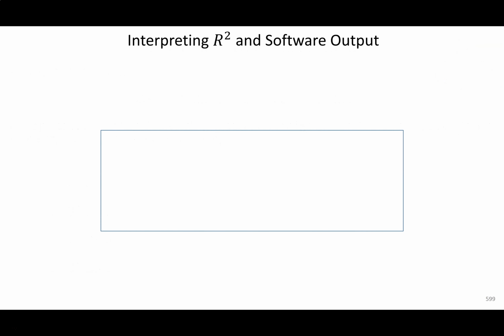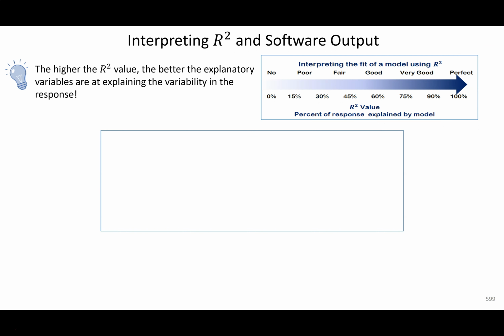Now that we are interpreting it here, absolutely it's very related to thinking of the correlation coefficient. But here we have multiple variables. The higher the R-squared value, the better our model is at explaining the variability in the response. Basically, the better your model explains the variability in the response, the better you are at predicting what's going on with the response variable based on the explanatory variables you have. If it's at 0, this is saying your model is horrible.